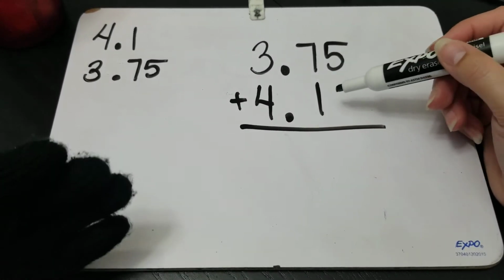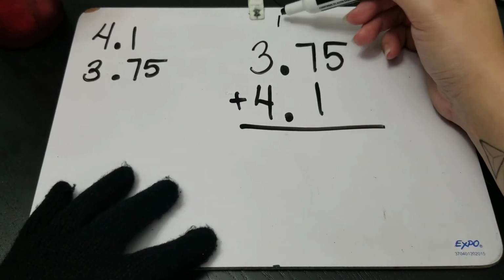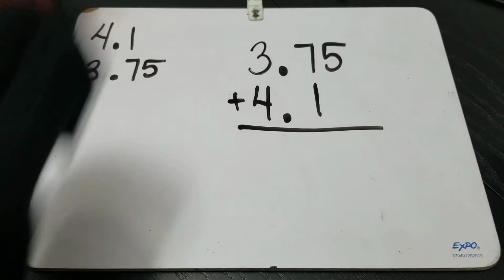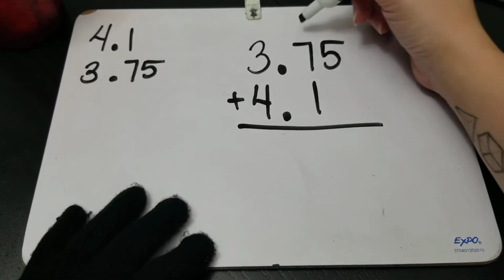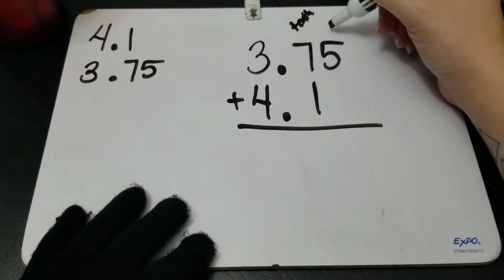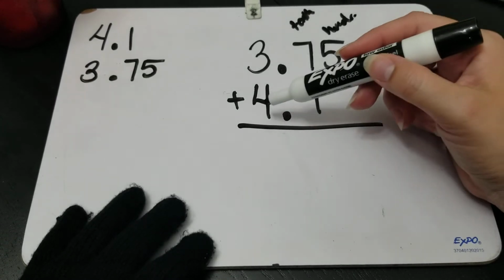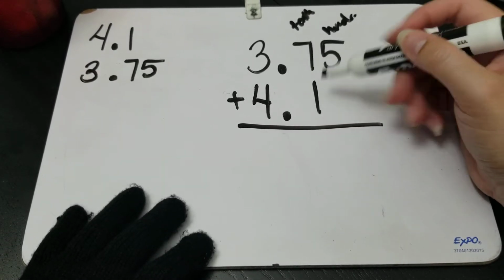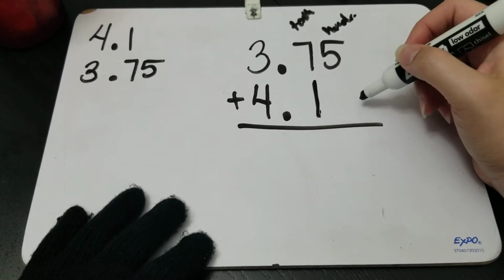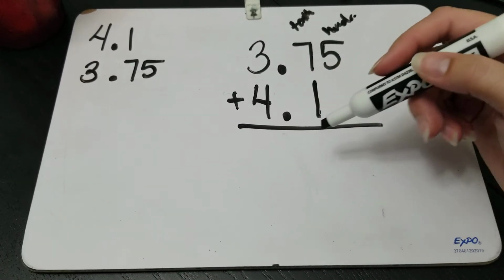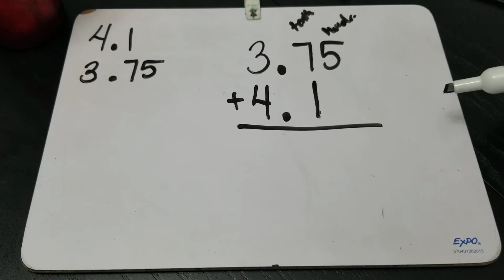Well, it's because a decimal has to be added by the same positions. In some of the other videos, you've learned that this position is called the tenths, and this is the hundredths. In this case, there are no hundredths in this number for decimal 1. So I cannot put them directly below that, just like I wouldn't be able to add the tens and the ones in a different previous equation.